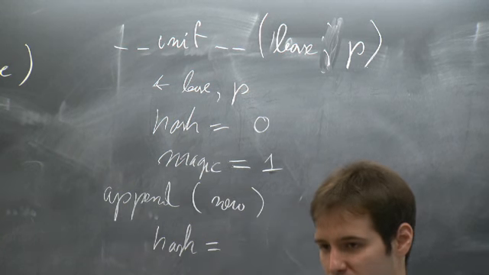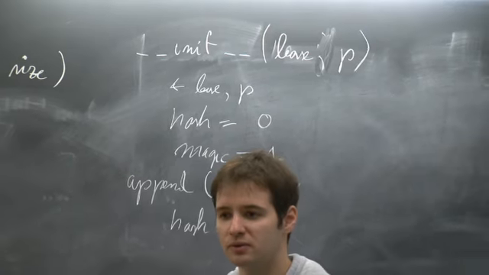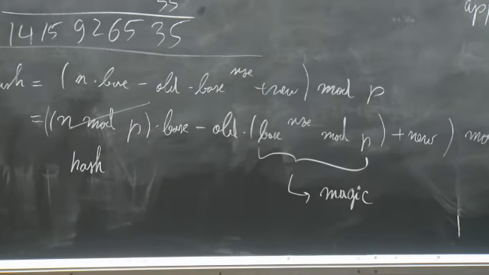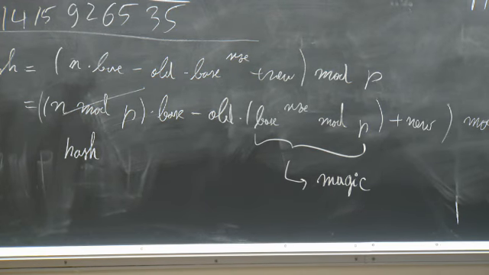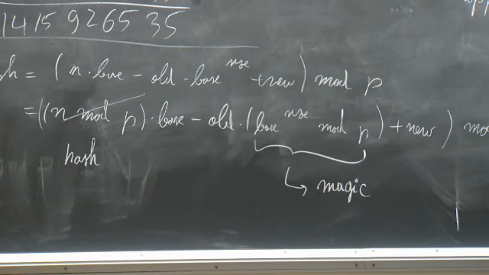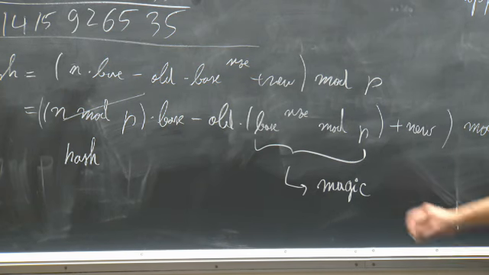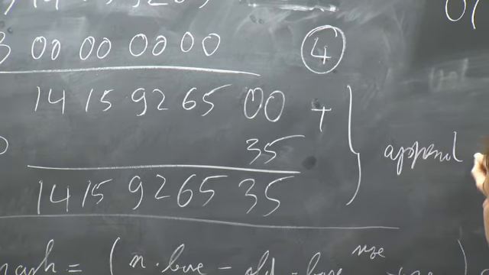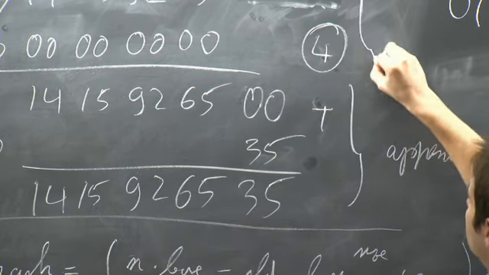We have to figure out which operation belongs to the append, which operations belong to the skip. So someone help me out. We know subtraction would. Multiplying by base and then adding a new. Yep. So this is the append, right? And this is the skip.